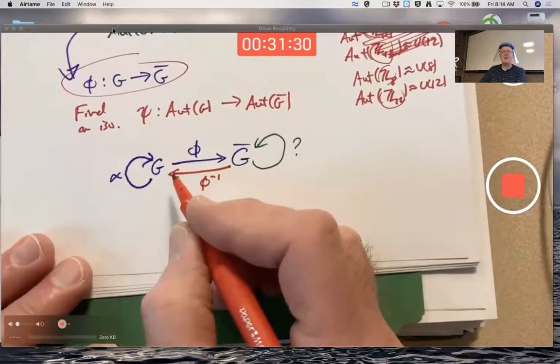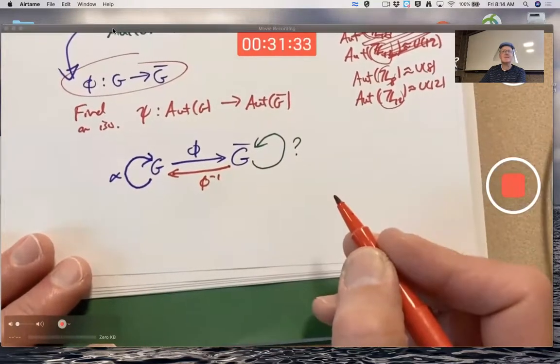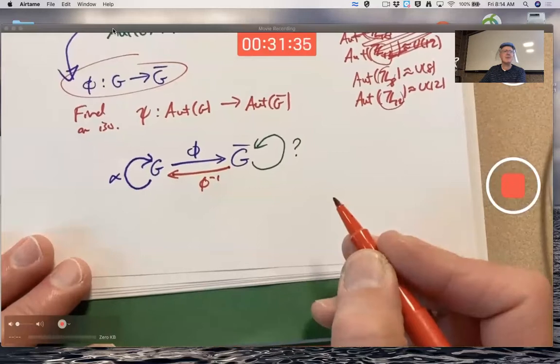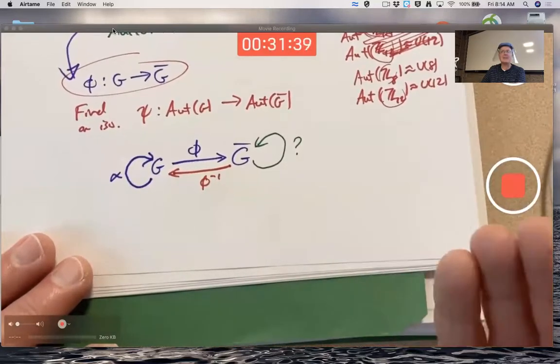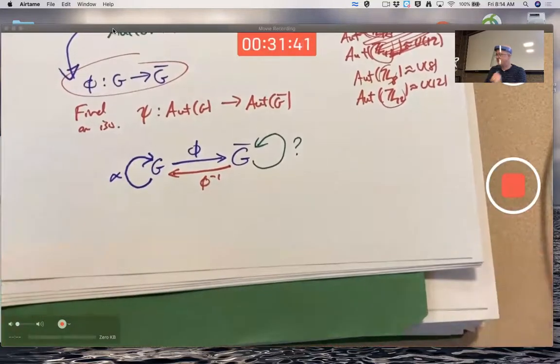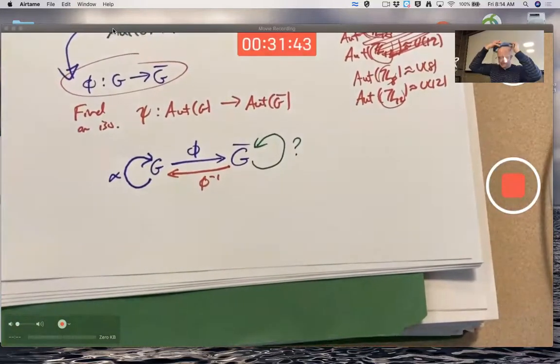Then apply alpha, then apply phi. That will be a mapping from G bar to itself. And it's like the only possible mapping you can possibly think of. Does it make sense to say possible twice like that? The only possible mapping you can possibly think of from G bar to itself based on what I'm given. It's got to be the answer.